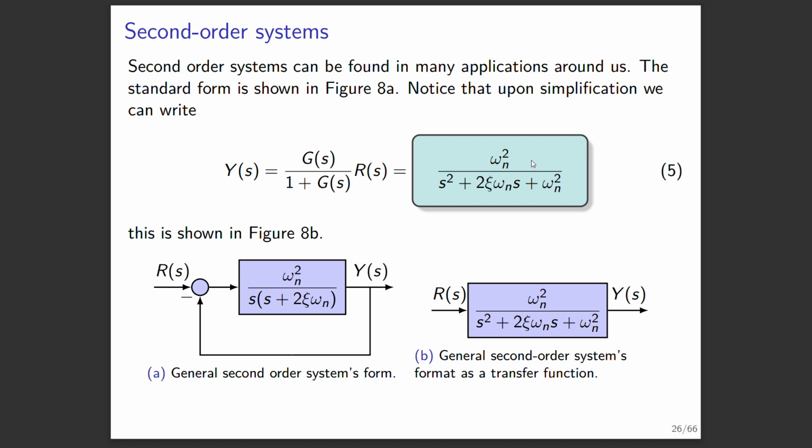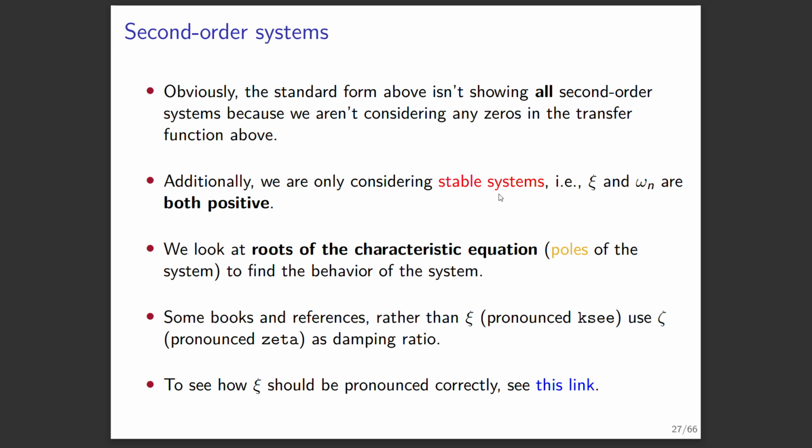What we are going to study today is a specific family of second order systems that don't have any zeros. We also assume that the poles of equation 5 are both on the left hand side of the imaginary axis, so we only study stable systems.